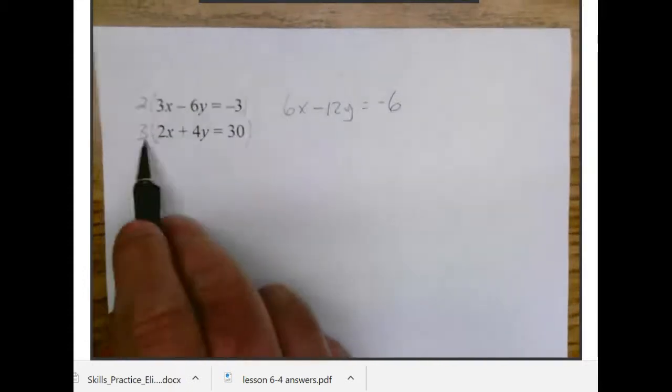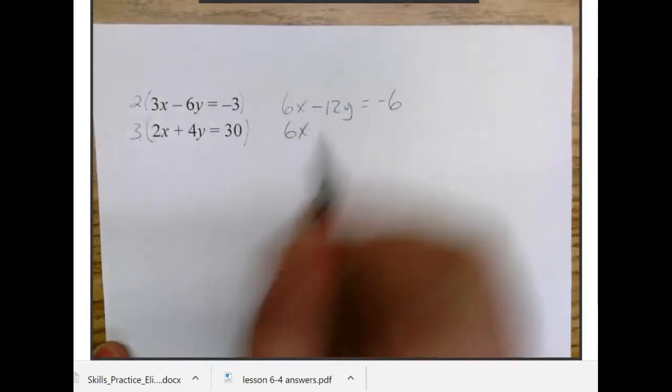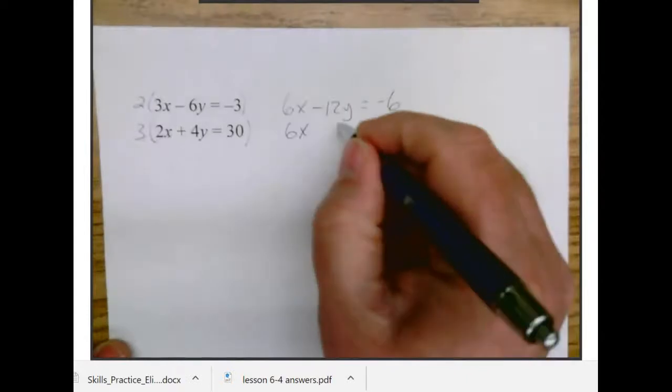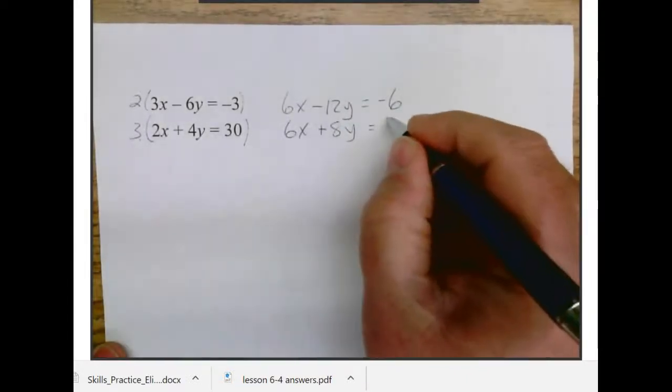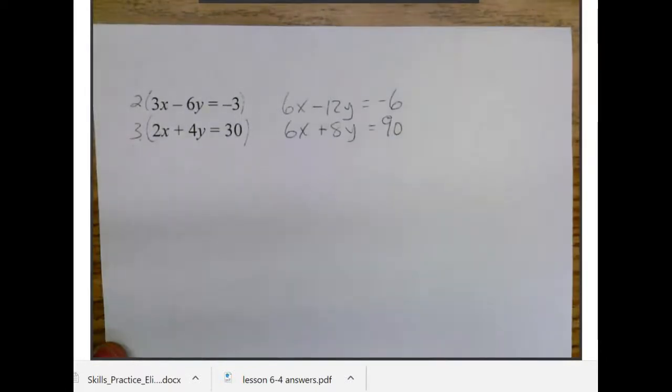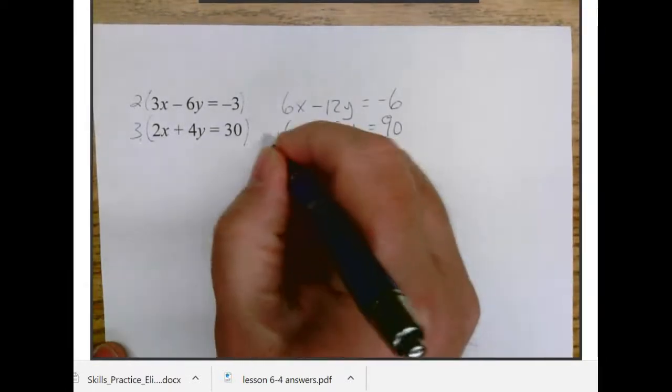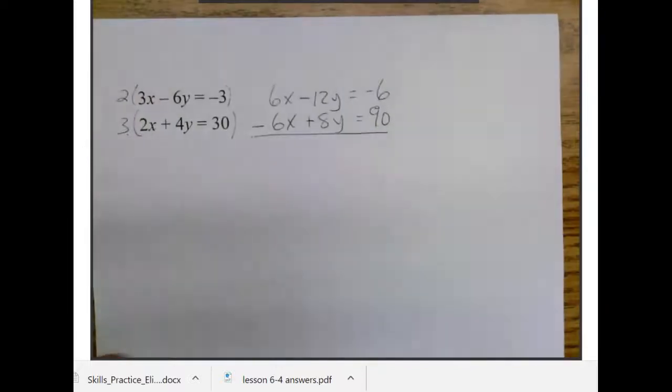Then this one up here, 3 times 2x is 6x, 3 times 4y is 12y, it's going to be a plus, and then 3 times 30 is 90. Okay, so then we end up with that. Now we have these two are the same, so now we just subtract them.